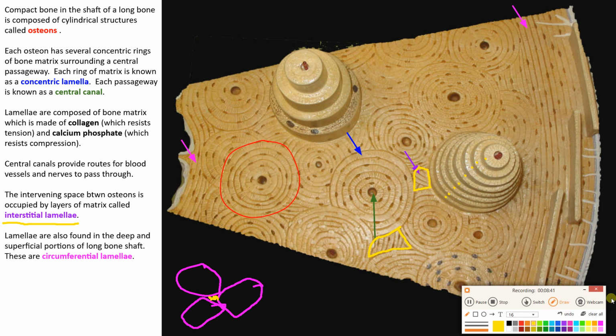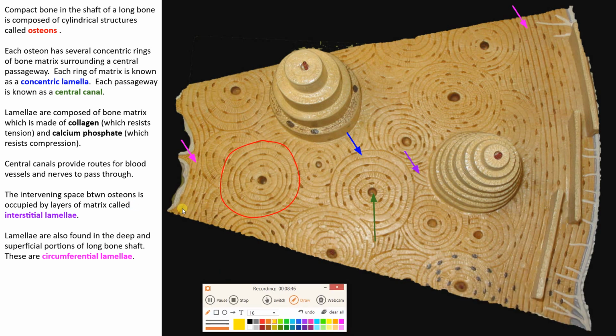So all these lamellae, all this bone matrix, is making this compact bone really strong and stable. But there's actually more lamellae. If I look on the inside and on the outside, so like out here, I've got these lamellae. I've got many layers of bone matrix. And these guys are going to go all the way around the entire circle of the bone. Remember, we just got a wedge of pie here, bone pie, and these lamellae would go all the way around the entire thing.